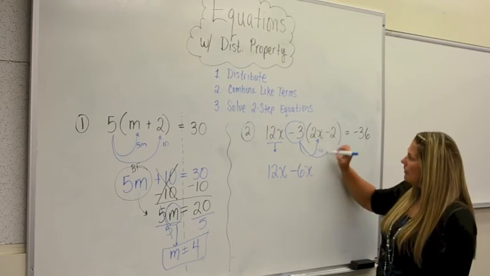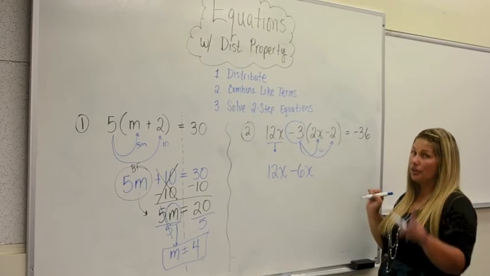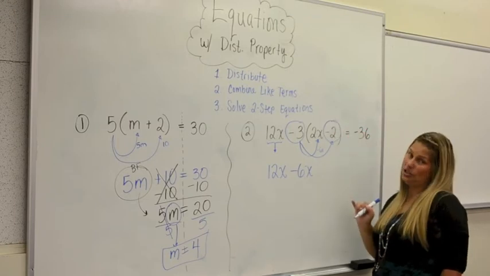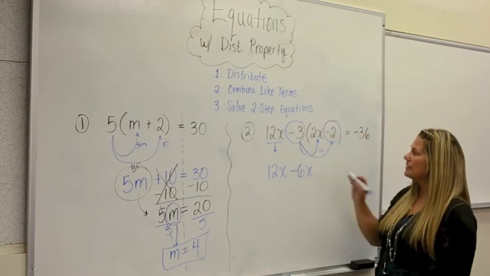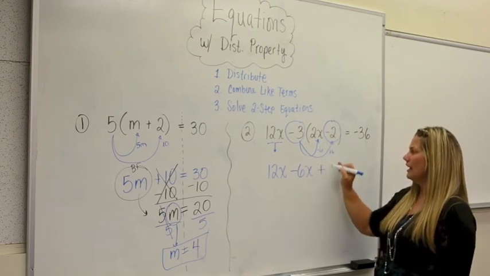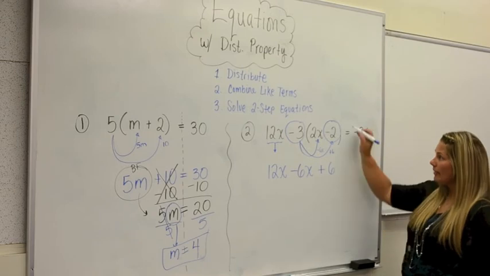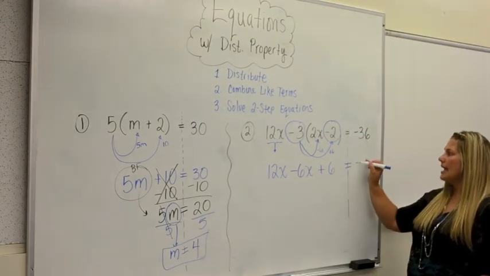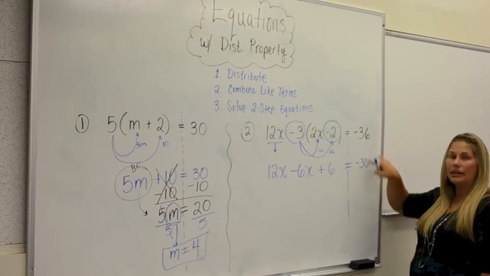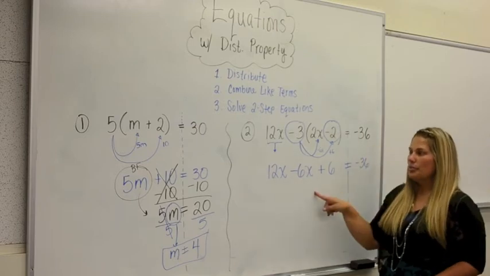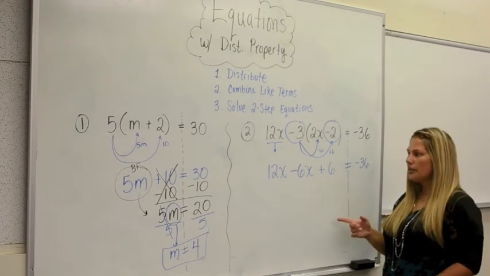And then negative 3 has to multiply this 2. But wait, what is it? A negative 2. So the negative times the negative actually becomes a positive 6. Then I still have on that line the equal sign, and negative 36 is what I still have on the right-hand side. Now that I distributed, I want to solve the equation.